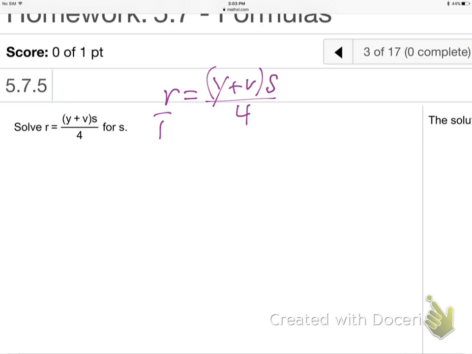So just cross multiply. Diagonal, diagonal.